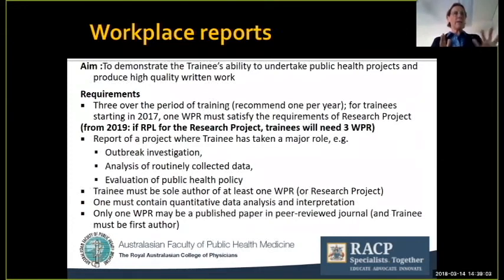So even if you had recognition of prior learning in 2017 or 2018, come 2019, you will have to produce 3 pieces of writing, whether they be workplace reports or research projects. There'll be a requirement for 3 reports basically.